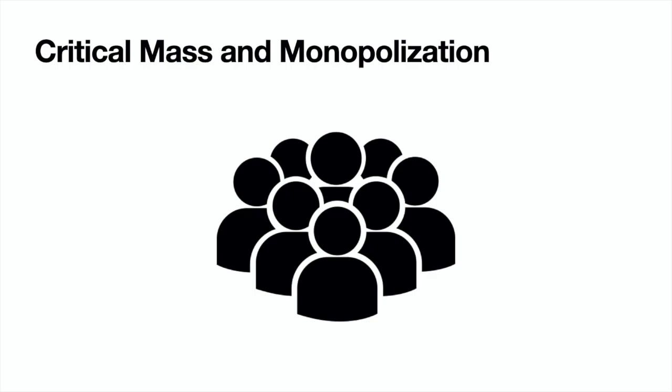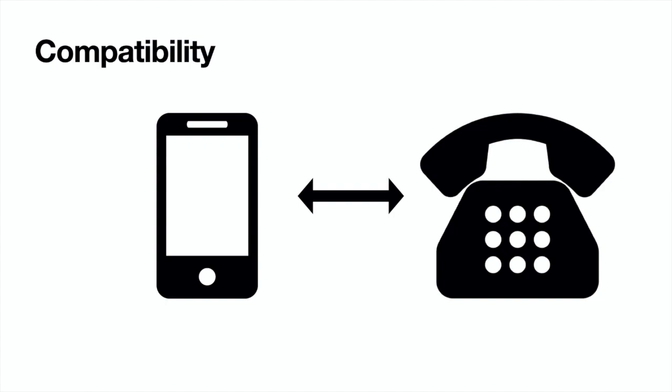Let's go back to the question of building critical mass. In some cases, you can build critical mass faster by not building an entirely new network of components, but by using already available components. That's how the mobile phone was introduced. When the mobile phone was introduced, it was possible for callers to call landlines with their mobile phone. So one component was a mobile phone, while the other component was a traditional landline phone.